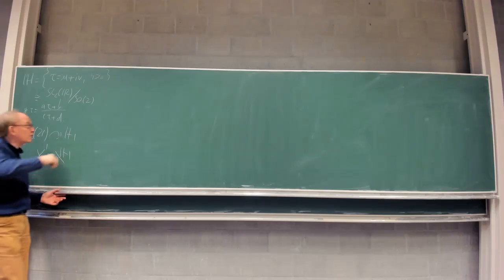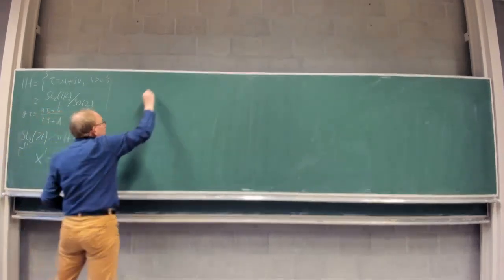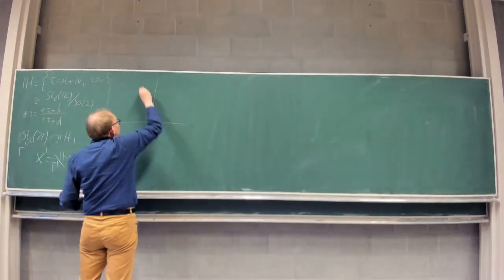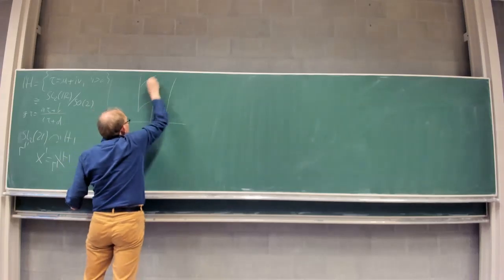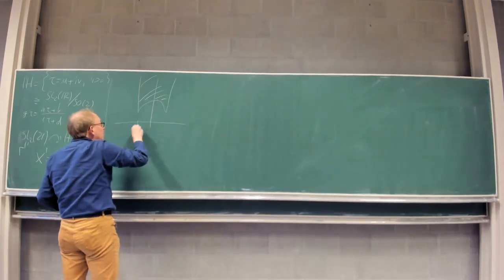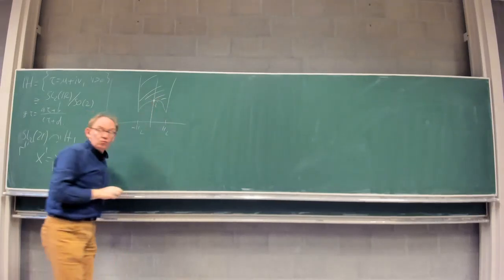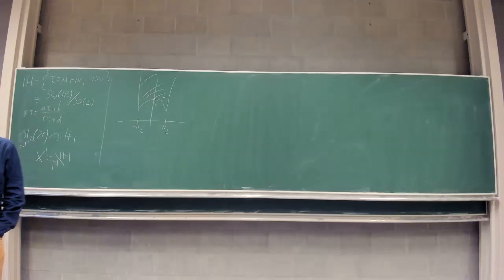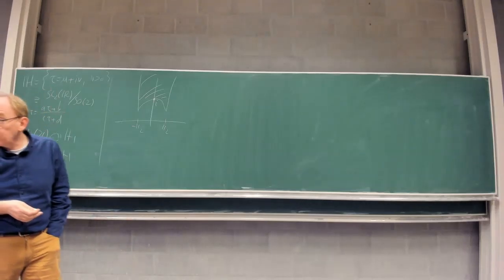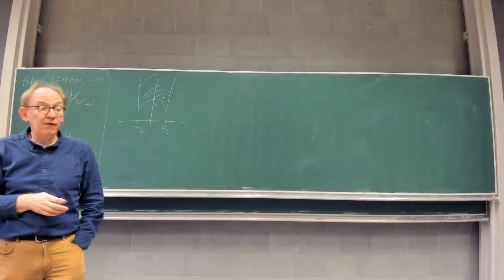So you look at all the equivalence classes, and a fundamental domain for the action is this picture. It's -1/2 here, 1/2 here, and this is the square root of -1. And as a Riemann surface, this is the Riemann sphere.